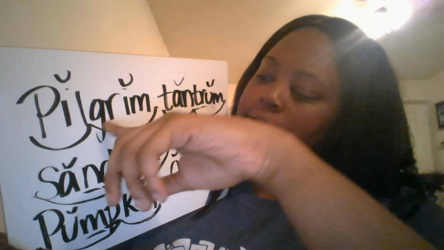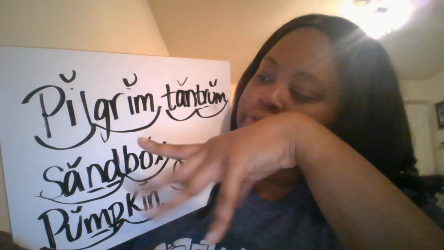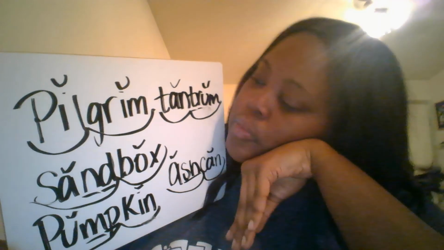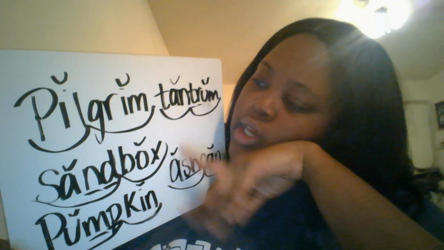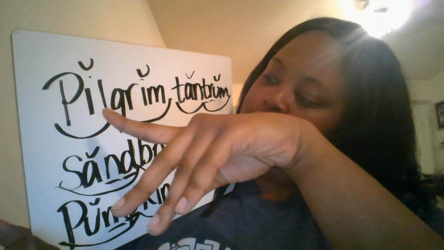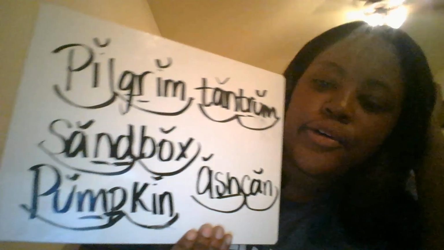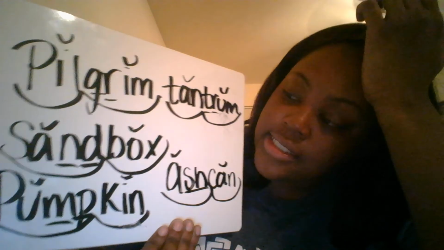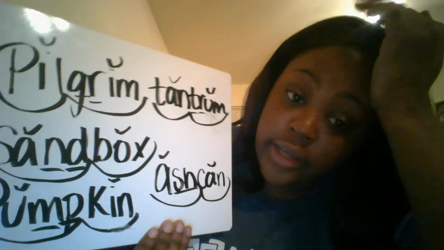Like the rule states, when I have 3 consonants in between 2 vowels, the first letter will typically go with the first syllable. And that is the case. I put my L with the first syllable. Let me go ahead and mark it. That GR blend goes with the second syllable. It stays together. Pilgrim.